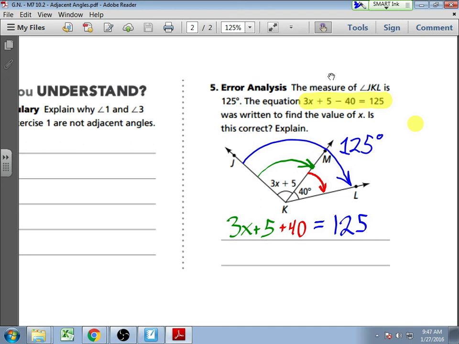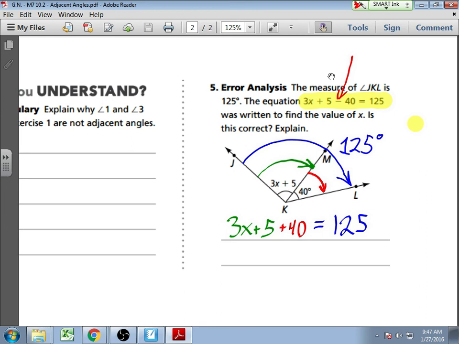So was there a mistake in their equation? Yeah, what was their problem? They should not be subtracting 40. They should be adding. So now, let's solve this. Zach, what would I do first? Close. You're making the mistake a lot of people do.